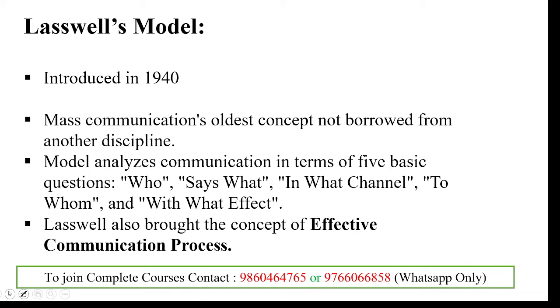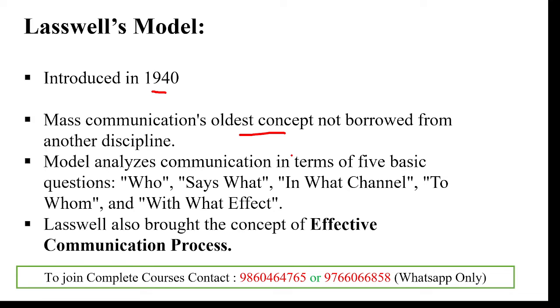Then Lasswell's model. It's another important model. You can see questions related to the Lasswell model in exams, and it was introduced in the year 1940, and this is the oldest concept. It was not borrowed from any other discipline.